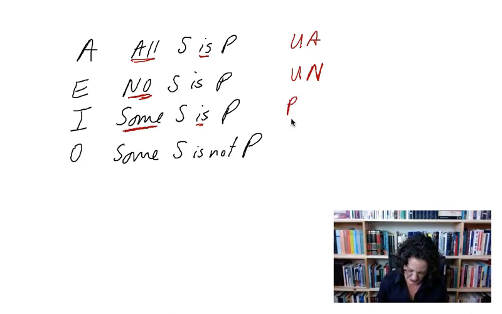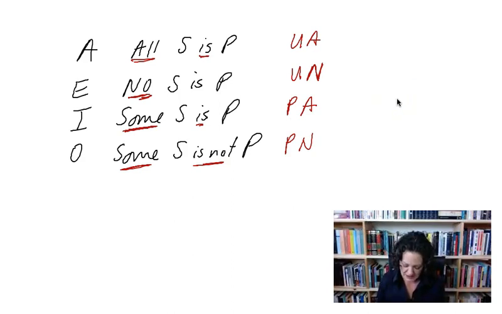So let's put that there, particular affirmative. And the O is a particular negative. Now, each of these has a value to them given their particularity and their universality.